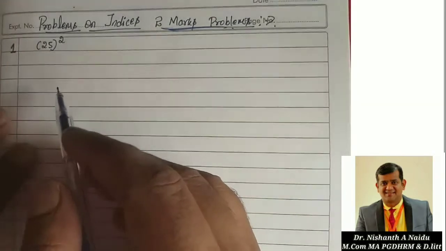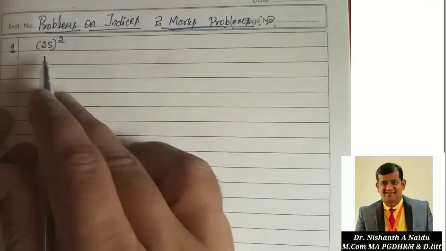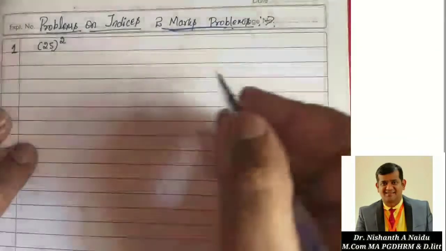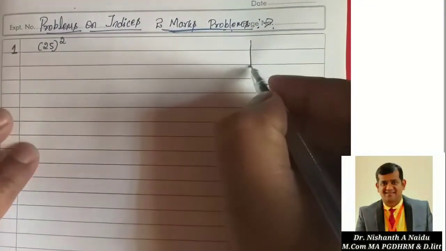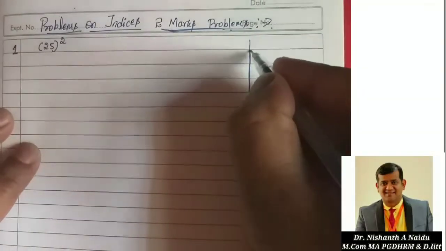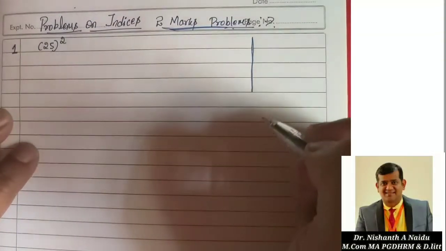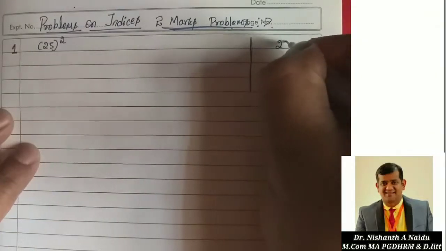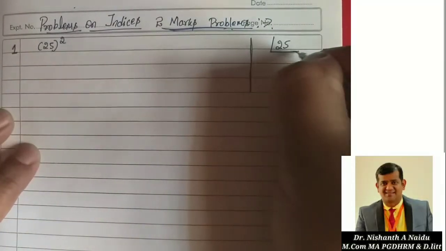So if you want to find LCM for this, how are you going to do it? I am drawing a separate line for LCM. For which number do I have to do LCM? 25.